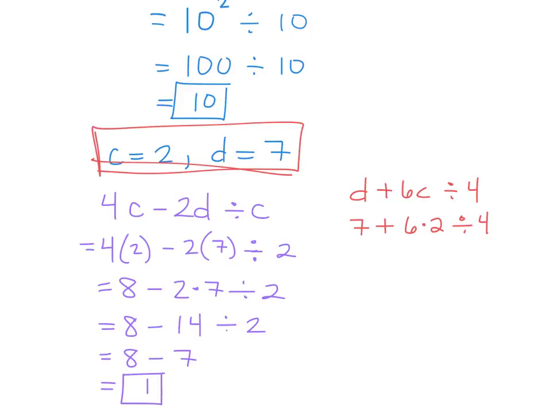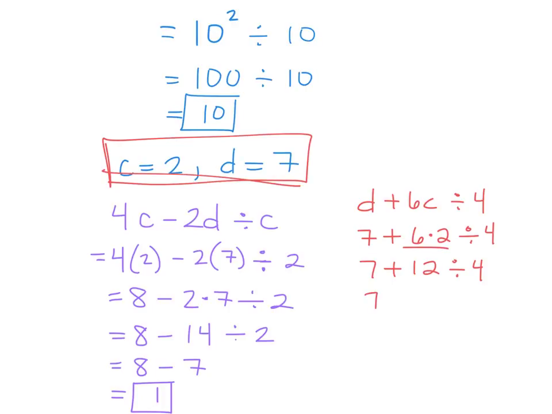Add, subtract, multiply, divide. We're going to multiply first here. So 7 plus 6 times 2 is 12 divided by 4. What's the next thing we're going to do? Divide. So it's going to be 7 plus, what does that become? 3. Okay, and then 7 plus 3 is 10.